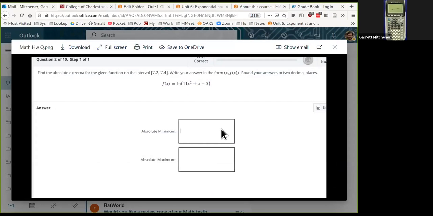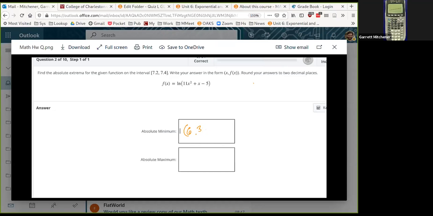Actually, let me come back to here. The last step is to figure out what to type in. And if you look at this, it says write your answers in this form and round your answers to 2 decimal places. This is just a screenshot, so I can't actually type it in. So the absolute minimum was at 6 point, no wait, I'm doing that wrong.